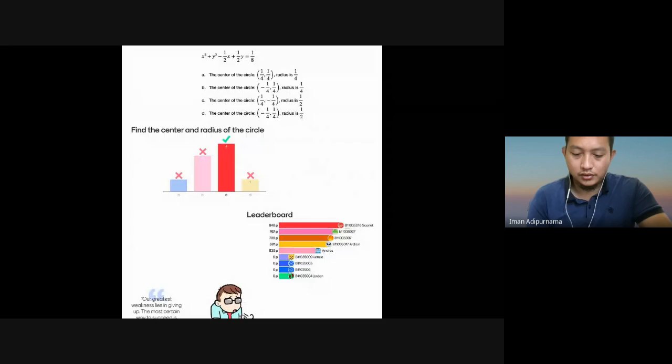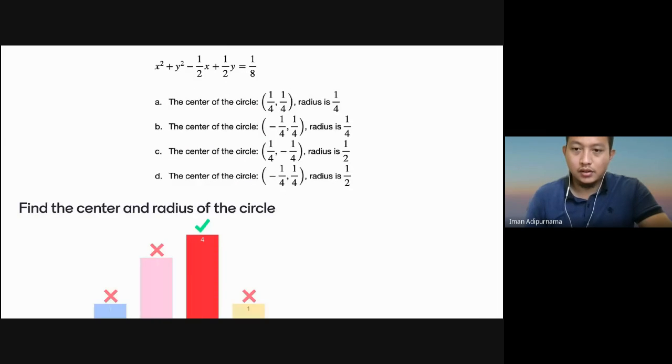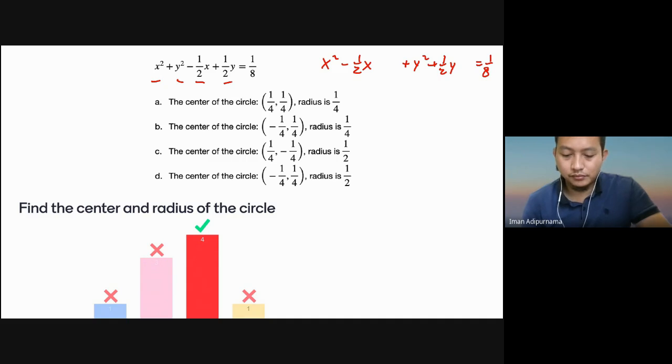And for this one, you can see the x, y, y, and you can simplify it into the complete square. Then you complete the square.